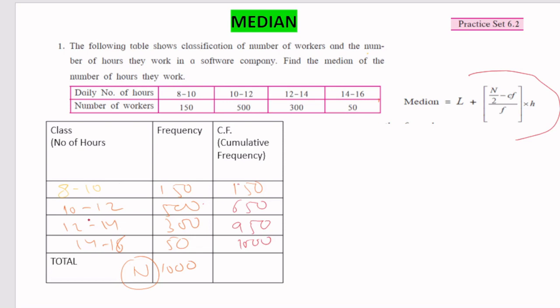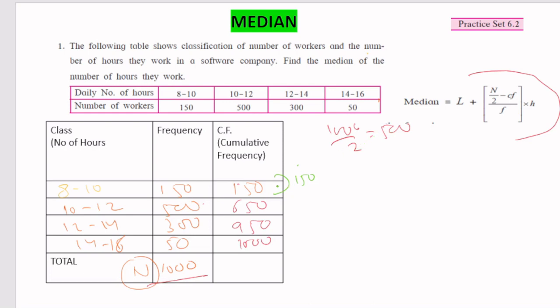Okay, so total number of frequency here we got 1000. You need to divide 1000 by 2, you'll get 500. Now you need to think where this 500 will fall. So here in this case, your cumulative frequency, first digit was 150. Now you need to find where 500 falls.